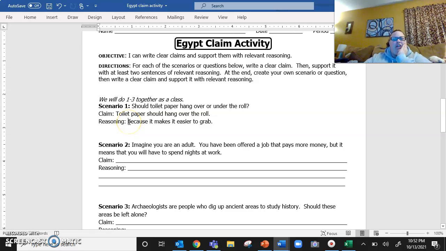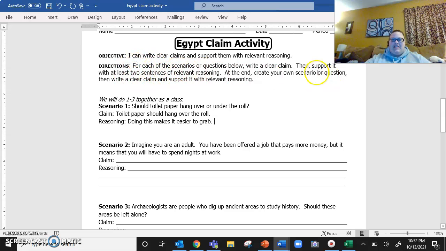I don't want to say toilet paper should hang over the roll again, but, oh, I know. I'm going to say doing this, and I'm going to erase that. So now the beginning of my paragraph reads, toilet paper should hang over the roll. Doing this makes it easier to grab. Good job.